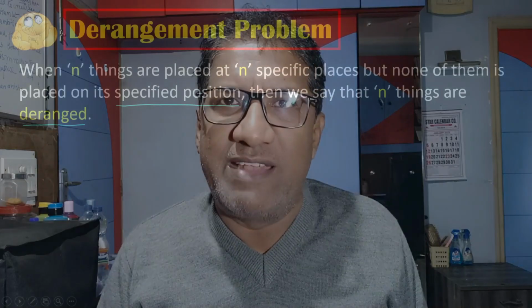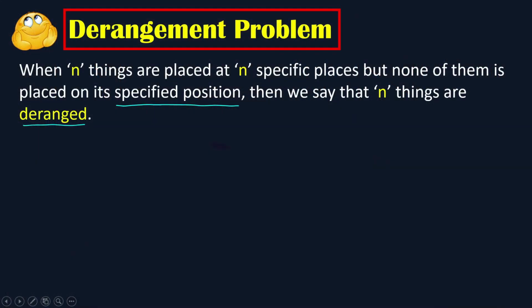That is, ball number 1 should not be in box 1, ball number 2 should not be in box 2, and so on. That is, no ball is placed in its respective box. In how many different ways can you do that? This is a derangement problem. Is it clear to all of you? Absolutely. Now let us see how to solve this derangement problem.